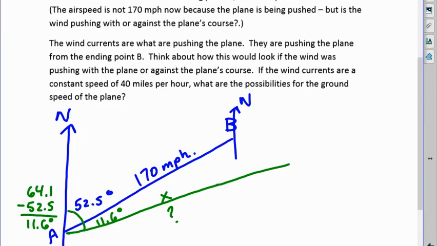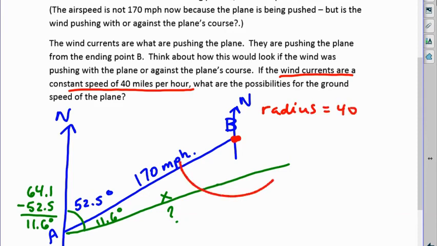And so our plane is actually flying on that, and we don't really know how fast our plane is flying. That's the question. How fast is it flying as the wind pushes on our plane, or pushes behind our plane, helping us along? If you think of the wind currents at 40 miles per hour, if our wind current is pushing against our plane, think of that point B with a radius equal to 40 miles per hour.